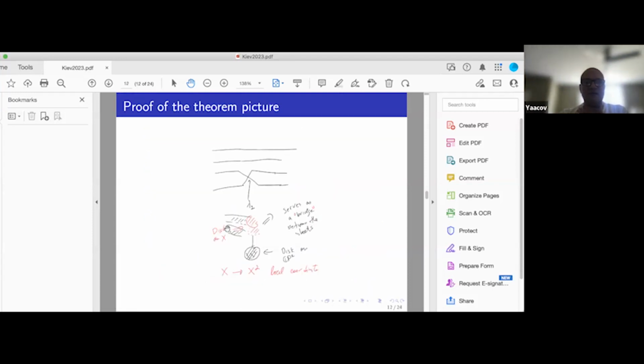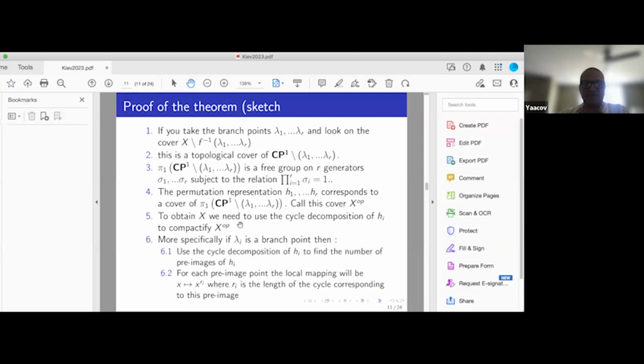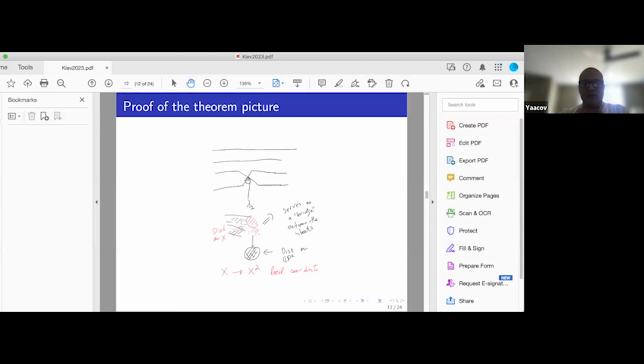So what you see here is a cross of two sheets, and you can see that I'm filling it with a disk downstairs. I'm filling it with a double copy of a disk upstairs, right? And this double copy serves as a bridge between the first and the second sheet.